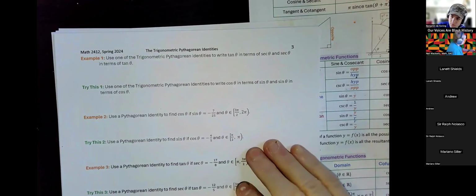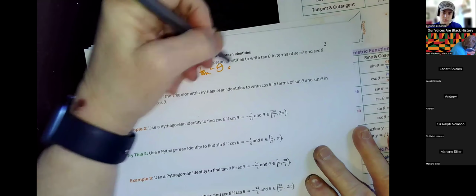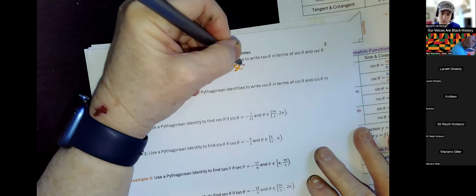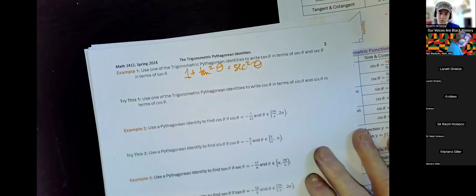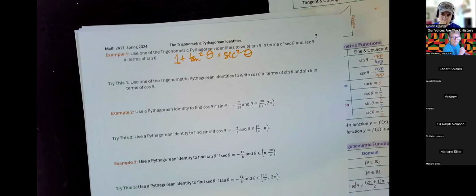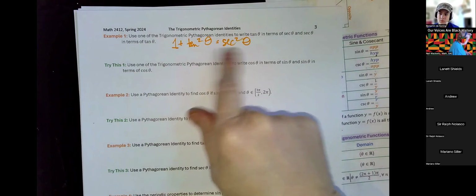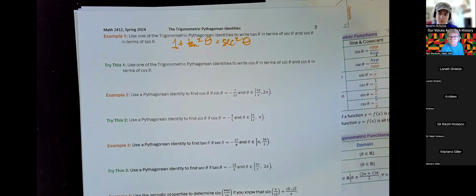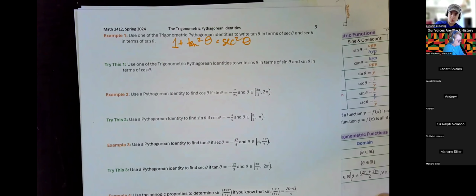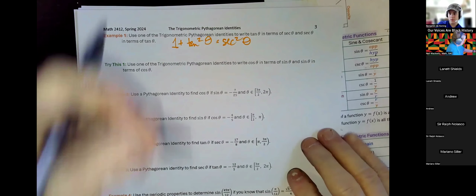So we're going to start with 1 plus tangent squared theta equals secant squared theta. How can I solve this equation for tangent? Subtract 1 from both sides.